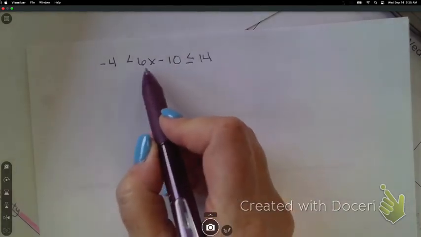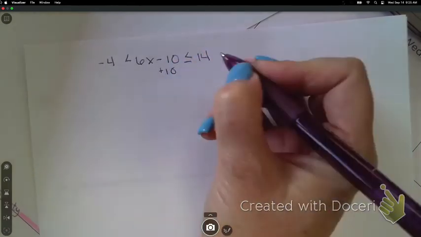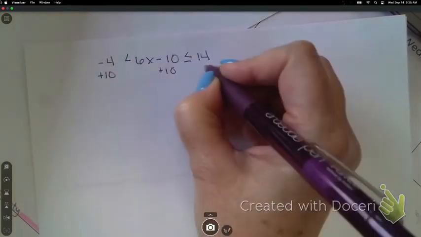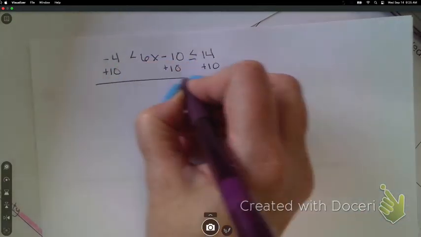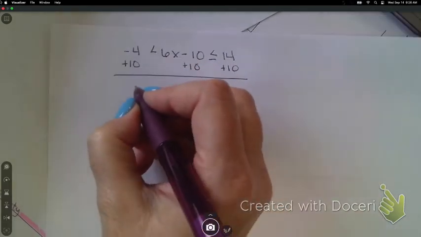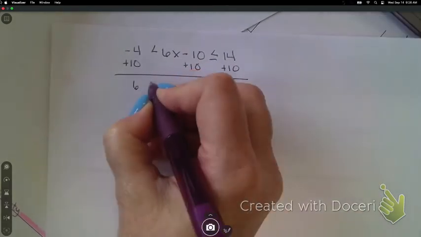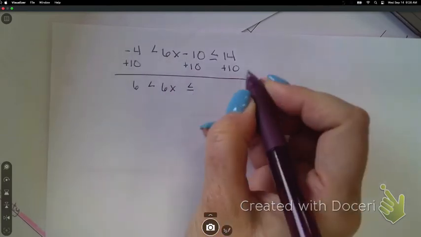So look at the middle. What would you move first? 10. So if I add 10 here, I have to add 10 everywhere. Both sides. So I get 6 is less than 6x, which is less than or equal to 24.